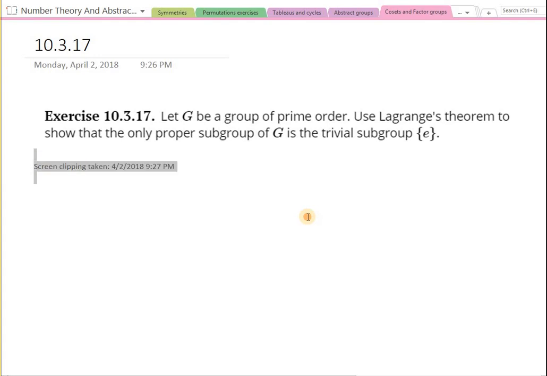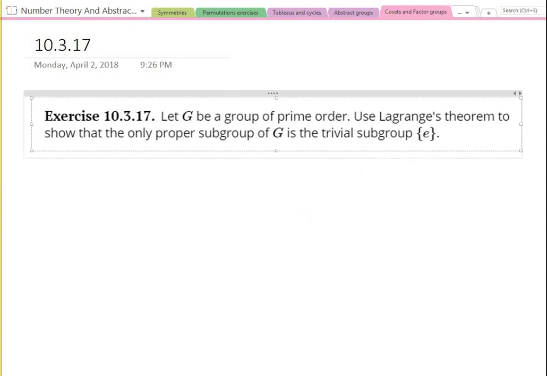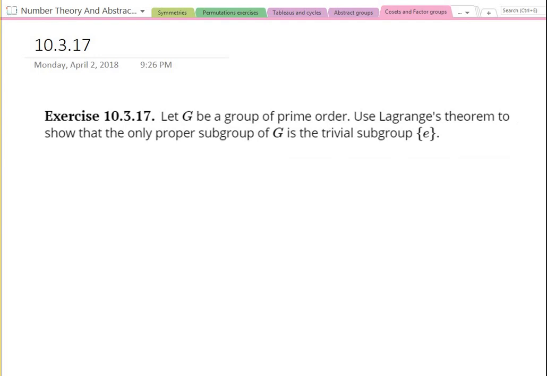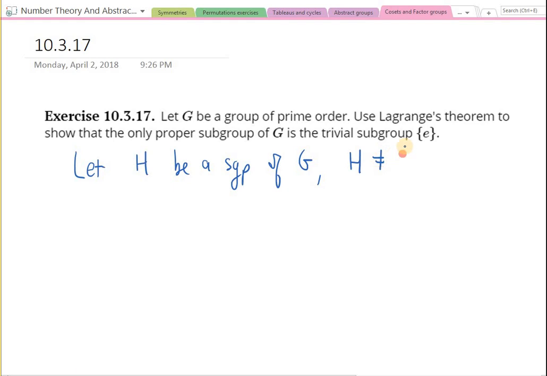All right, so you're saying this is what you started out with. You said we'll say let big H be a subgroup of big T, and big H is not equal to E. And then you said so what then?